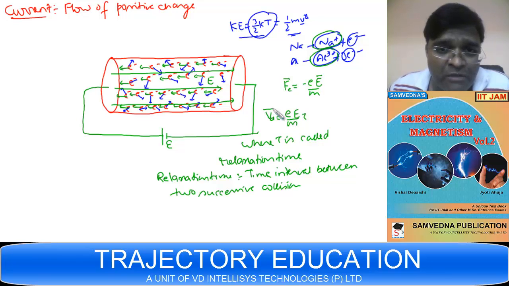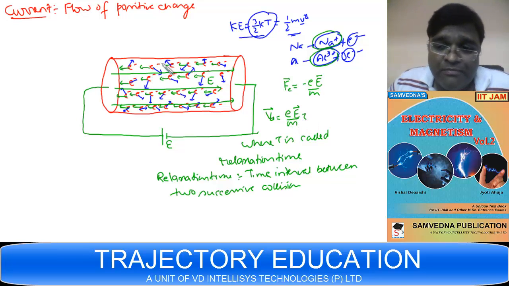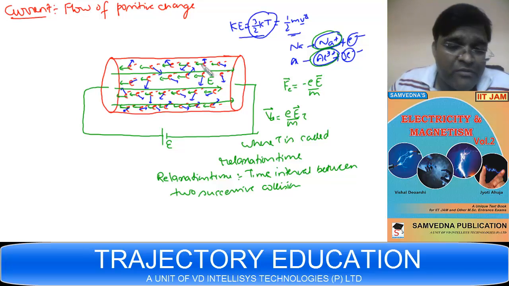So the drift velocity developed is eτ/m times E. This is the drift velocity which is developed. What will happen to the random velocity then? Will it vanish? When I ask this question in the classroom, most of the people say yes.